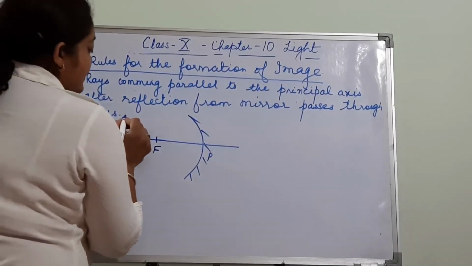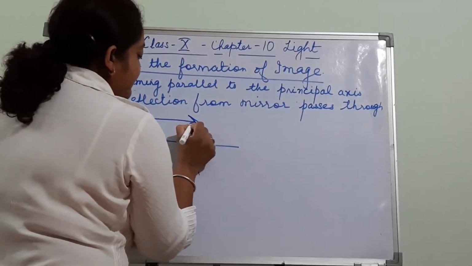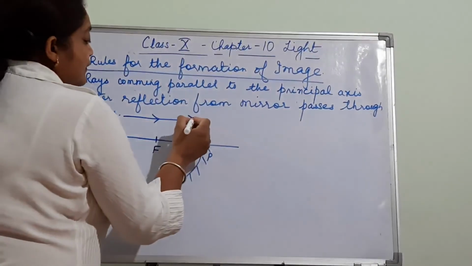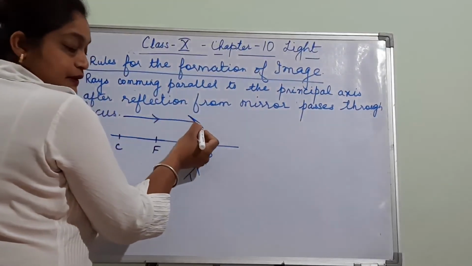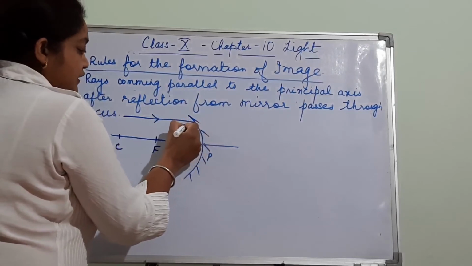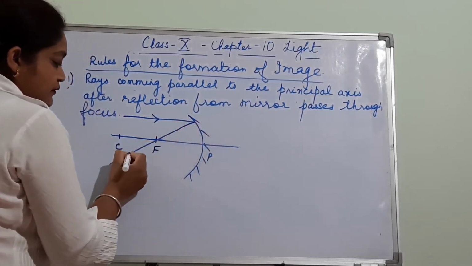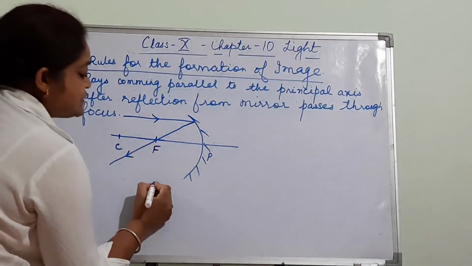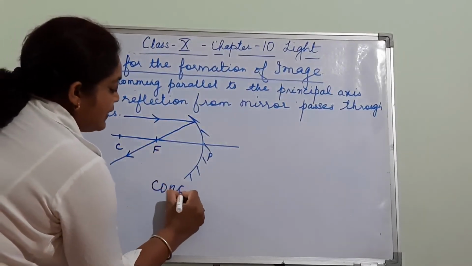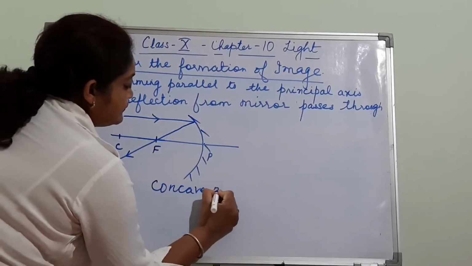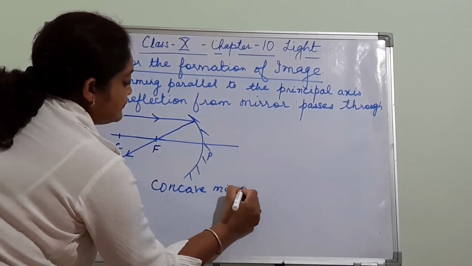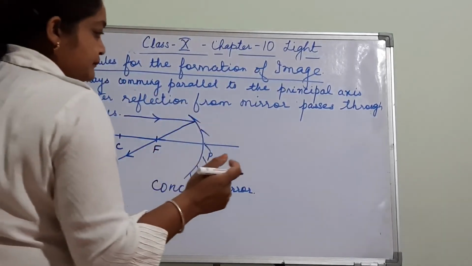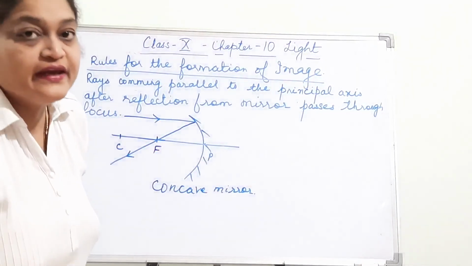Now a ray parallel to the principal axis falling on the mirror, after reflection passes through the focus. So this is the case for the concave mirror. Now for the convex mirror, let us see how you can draw this ray.